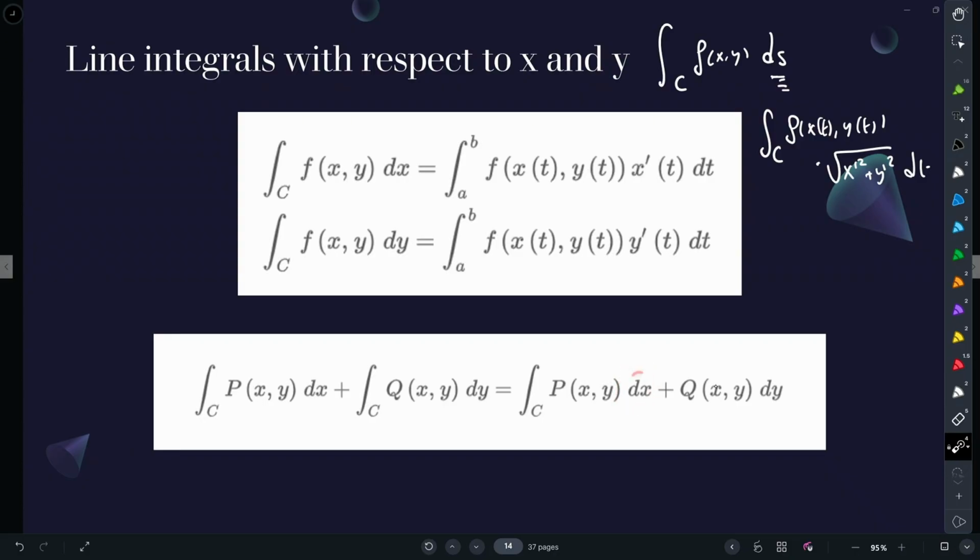We're integrating with respect to two different things. When you write an integral like this, we first convert it to this type of integral, and then compute. These types of integrals are going to show up, for example, when we study something called Green's theorem.